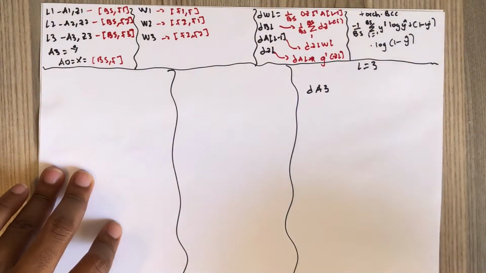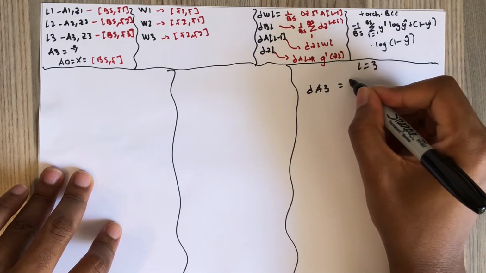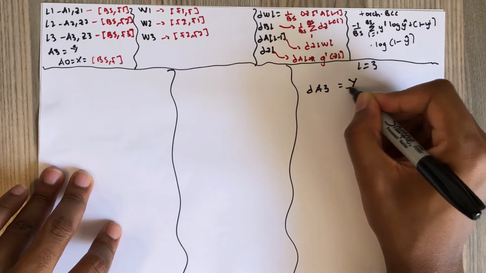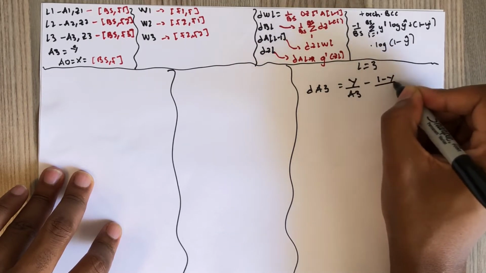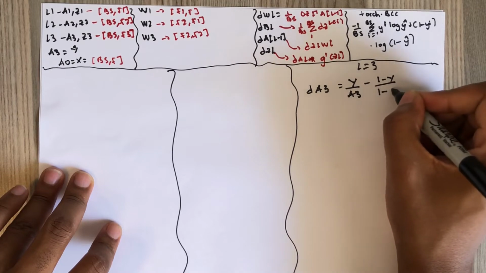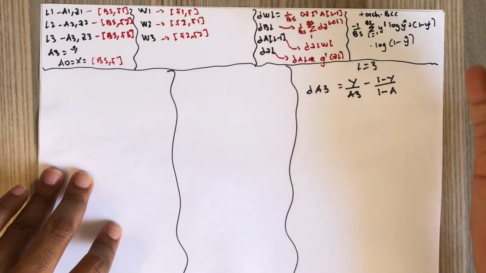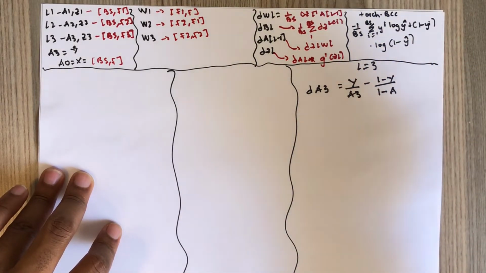And it is this, using calculus. And this formula depends on the loss function. So the derivative of the loss function with respect to A3 or the prediction is this.